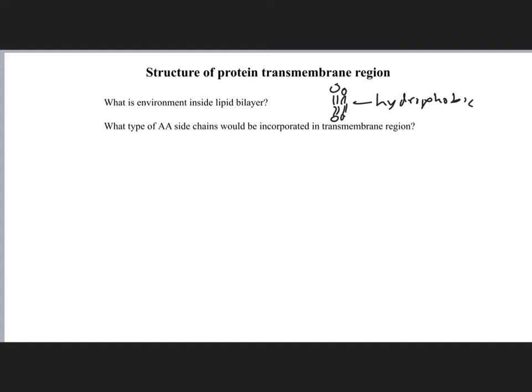So, what type of side chains would be best to interact with the transmembrane domain? Well, we have our nonpolar side chains. And those nonpolar side chains are going to interact very well with the hydrophobic interior.